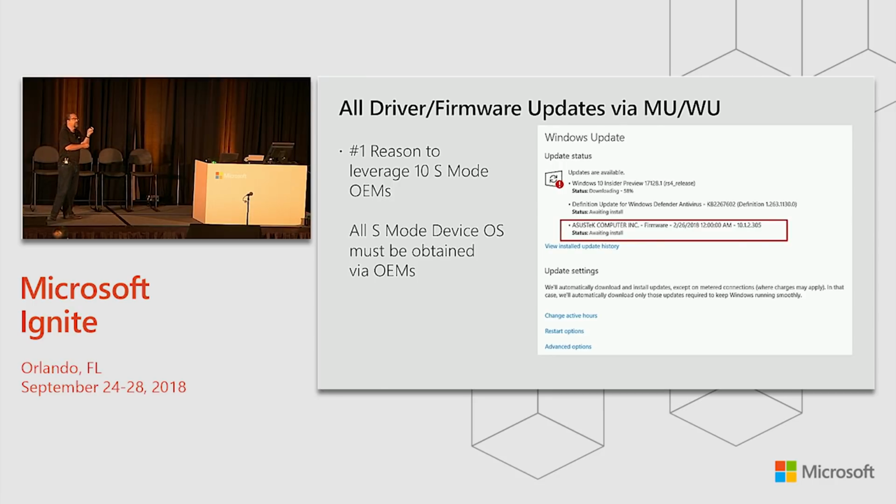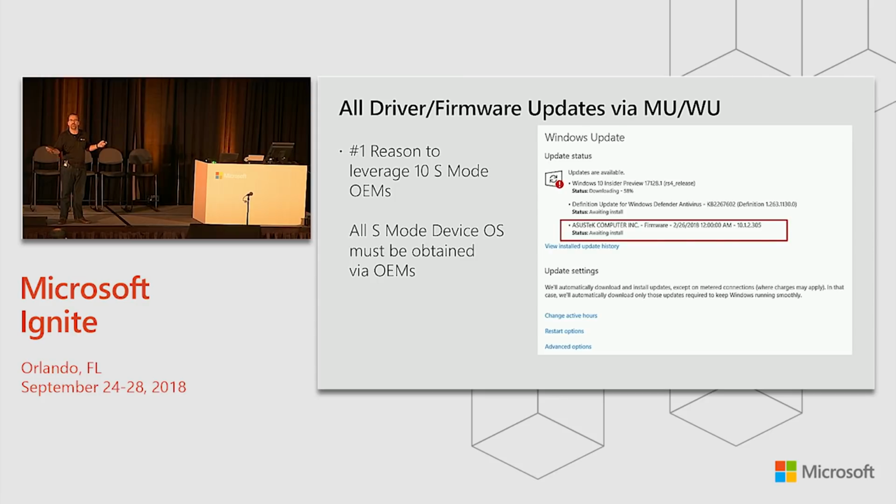Now, can you technically create an image? And can you technically enable S-mode in that image and deploy that image? Yes, there's nothing technically stopping you from it. But for a supported scenario, we ask that you go through the proper hardware OEMs. At the same time, we have to tell these OEMs that all of these inbox drivers must be universal driver compliant. All these drivers have to be signed.